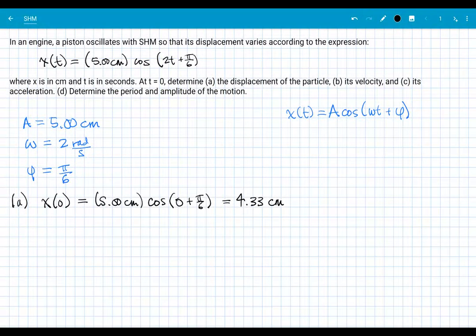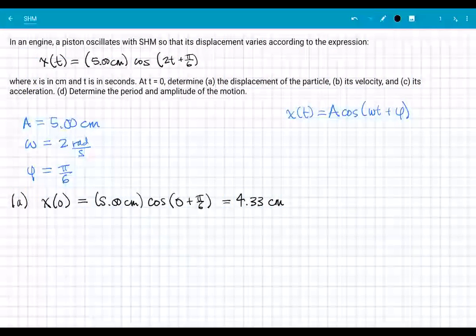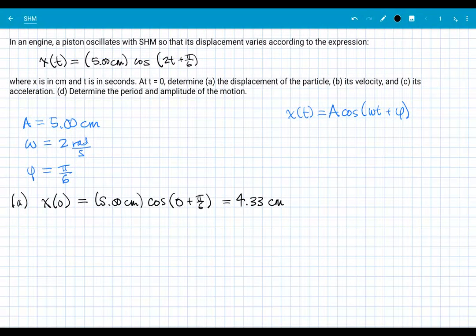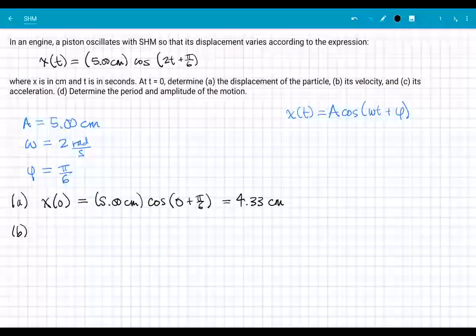Now part B asks me for the velocity at t equals 0. So how do I get the velocity function? Well, the velocity function is, of course, just the first derivative of my position function. And in this particular problem, my position function is given, so I can figure out what my velocity function must look like.